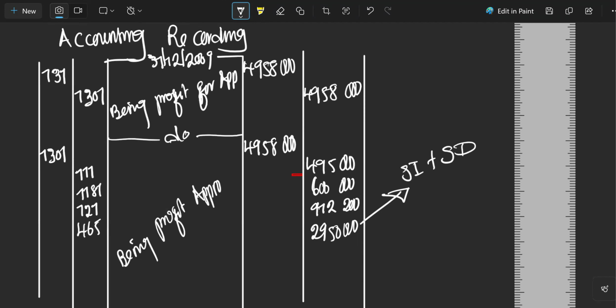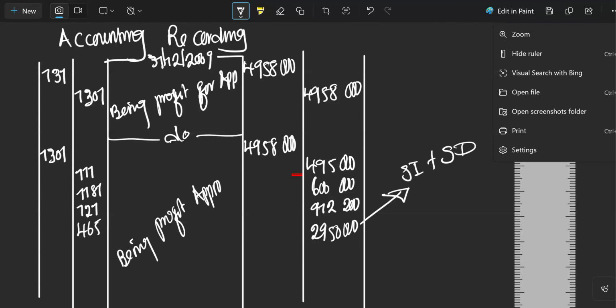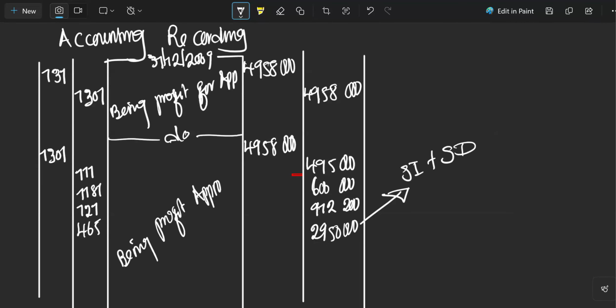So we're not through. Let us continue. For the other ones, on the same day, we are going to do the 465 with 2,950,000. Here we're going to create now the tax. The tax is 486,750.